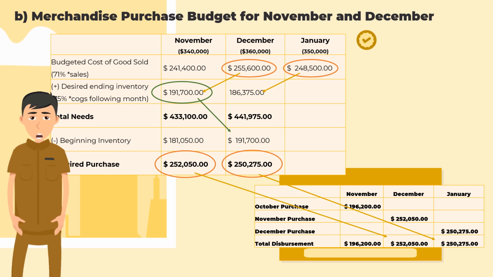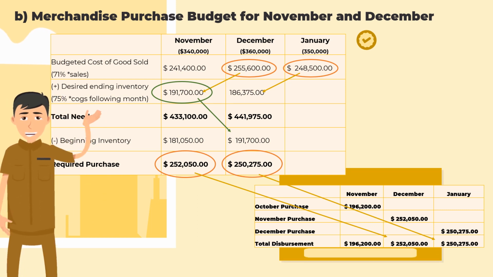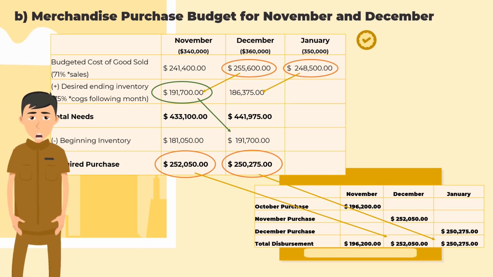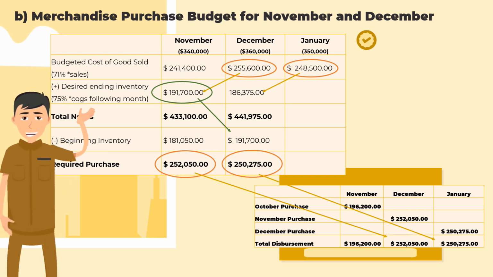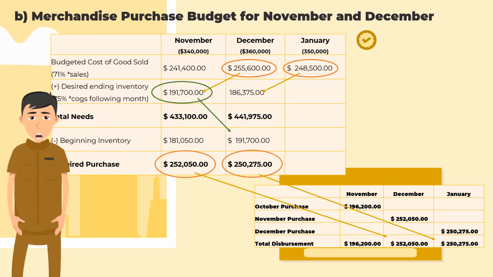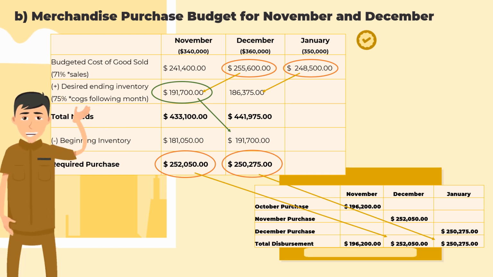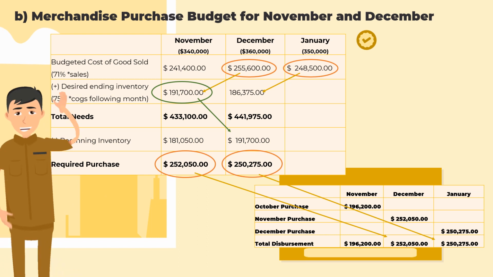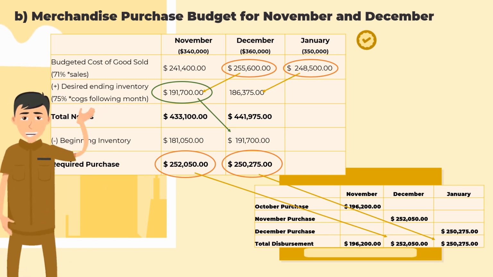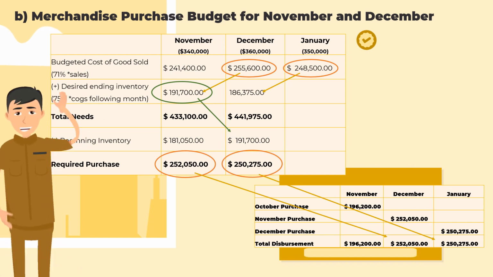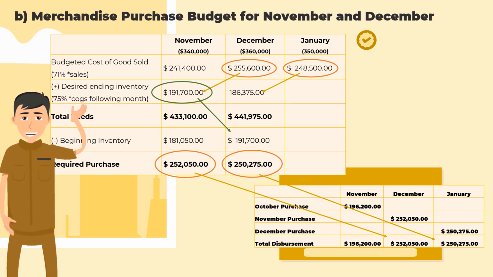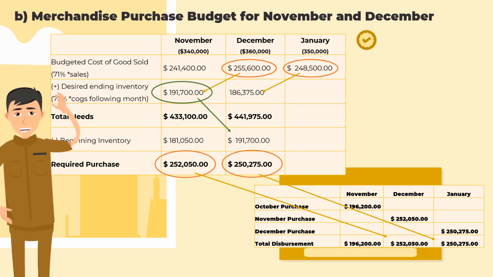And the beginning inventory for December, we can get from the desired ending inventory that we calculated in November, which is 191,700. So we subtract the beginning inventory from the total needed, and we get the required purchase, which is 252,050 ringgit for November and 250,275 for December.